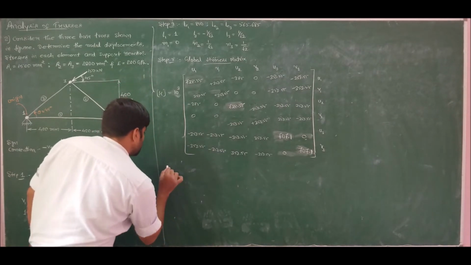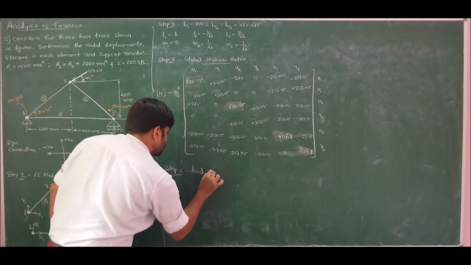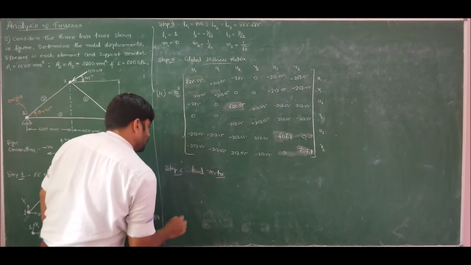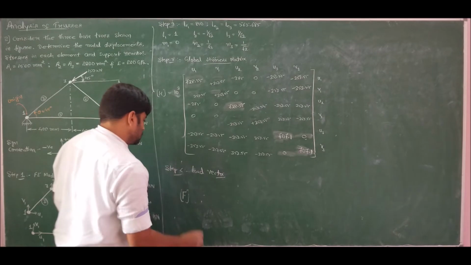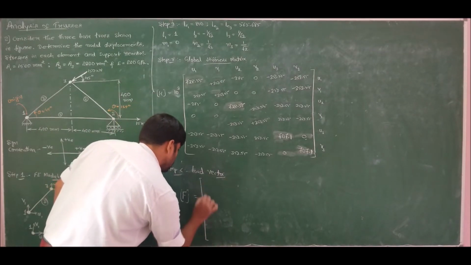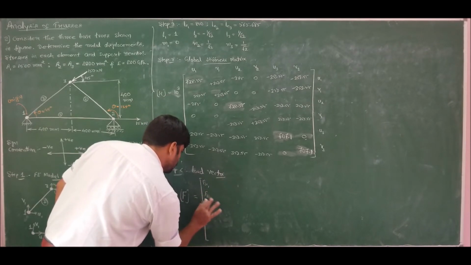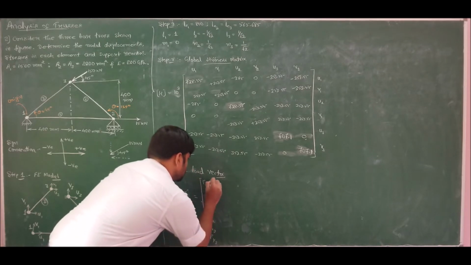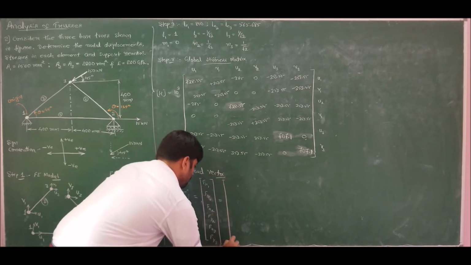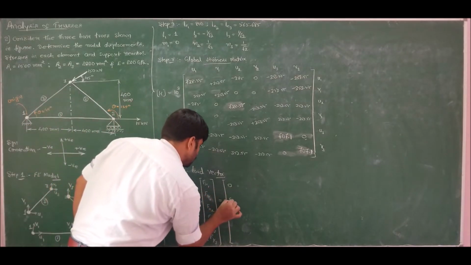Next, moving for step 6, that is load vector. If I observe load vector, we have always trusses subjected for point load. Hence, the load vector is fx1, fy1, fx2, fy2, fx3, fy3. At node 1 we don't have any load, so therefore fx1 is 0, fy1 is 0.